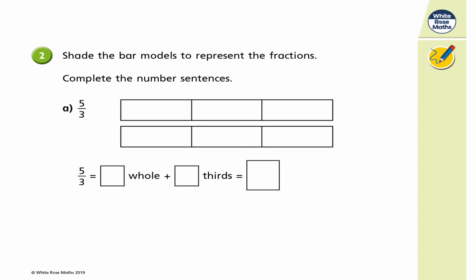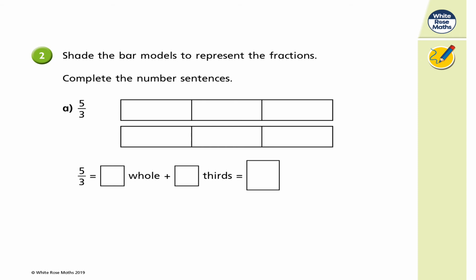So 5/3 equals how many whole ones? One whole one. And how many thirds? 1, 2. So 1 whole add 2/3 equals, and how? So it's 1 and 2/3.